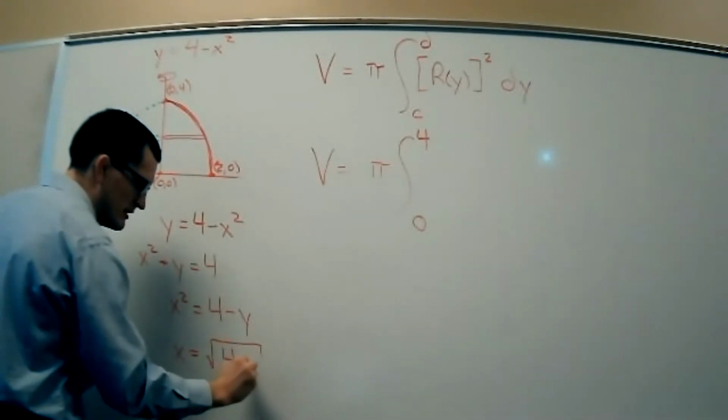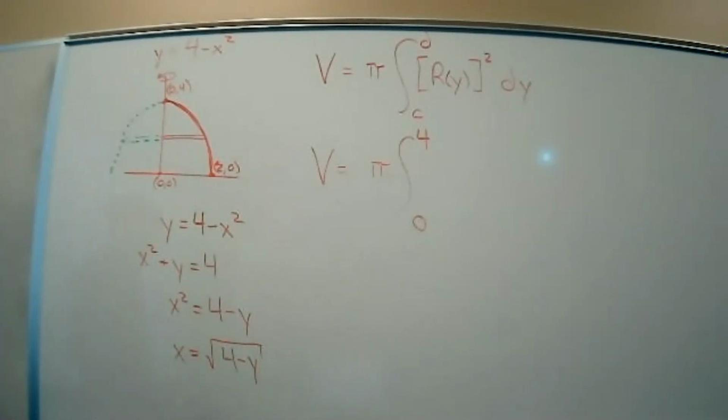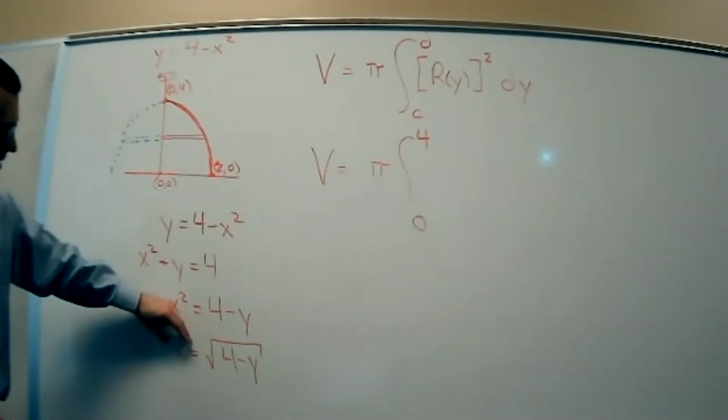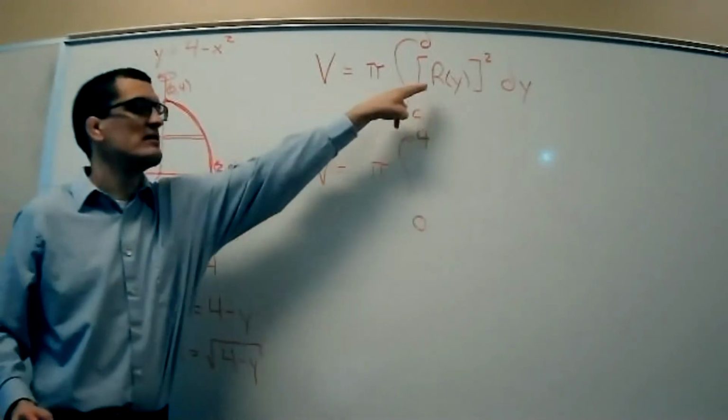You get x equals the square root of 4 minus y. And now I have my function written with respect to y.